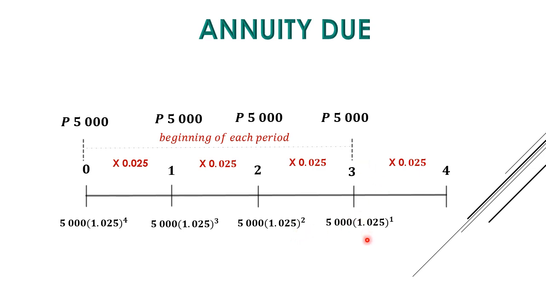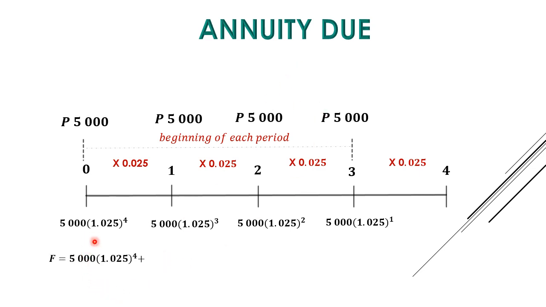And the last payment would be 5,000 times 1.025 to the power of 1, because there is still an interest here. Right, so you can see here that the first payment is always greater than the following payments in the following periods, right?